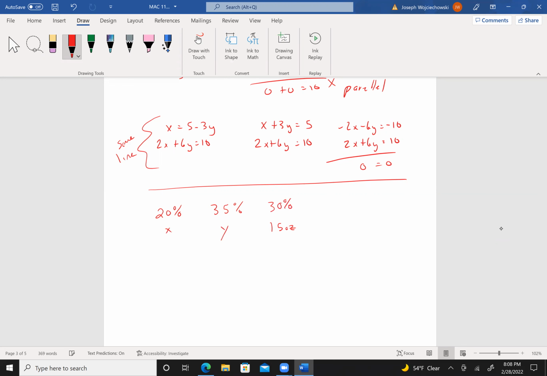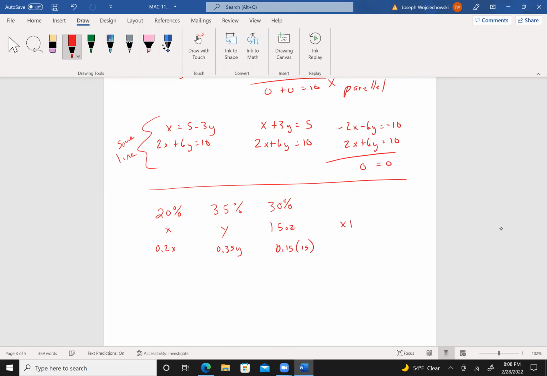So this is X, this is Y. Okay. So this is 0.2 X, and this is 0.35 Y. And this is equal to 0.15 times 15.